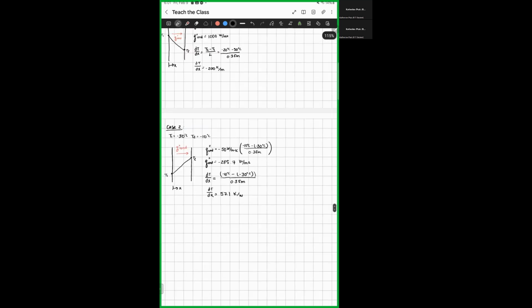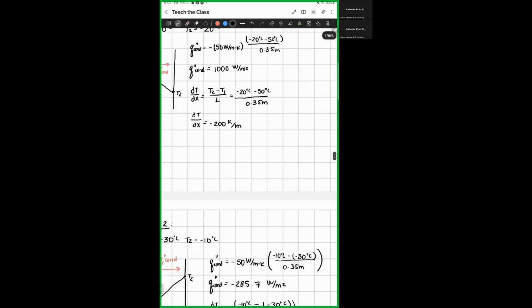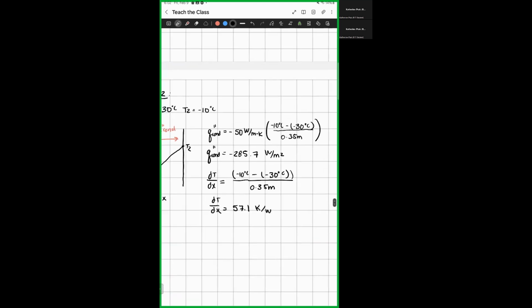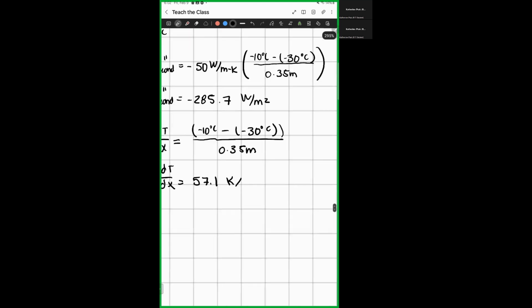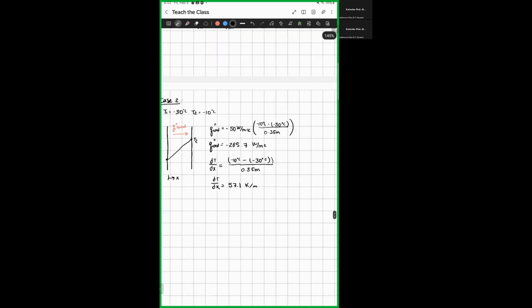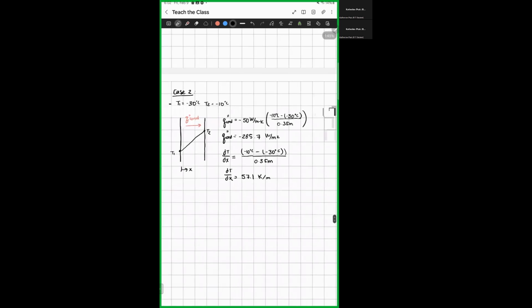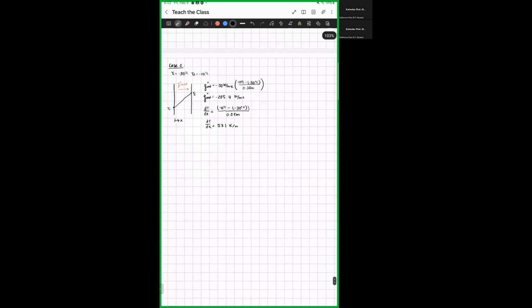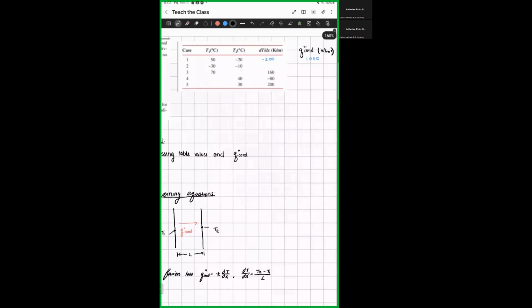Oops, sorry, that is Kelvin per meter. My bad. And again, this makes sense with how we drew it, because from T1 to T2 we're going from a negative to a positive, and that is a positive slope if we draw Q conduction and the picture in this way. So we can go and fill in our values up here.